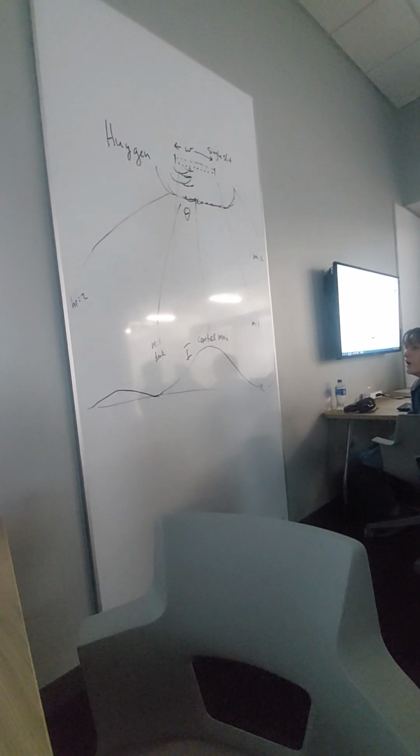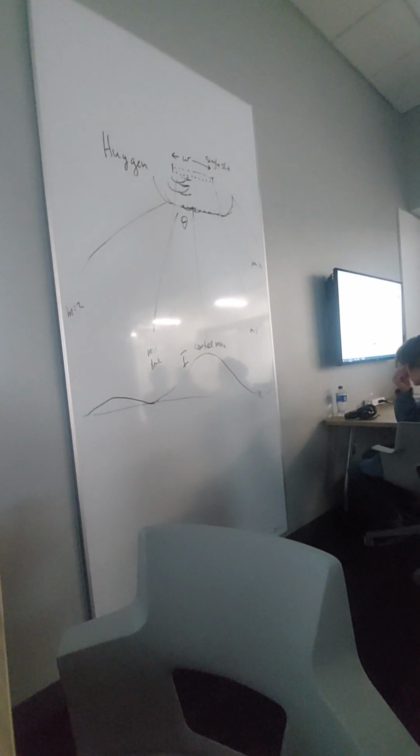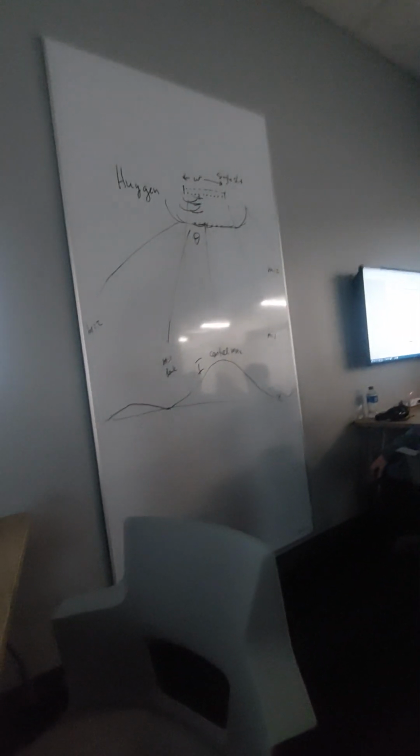And again, you can go back to your Physics 2 text and look at the derivation for that, such as it is. So that locates the dark fringes.